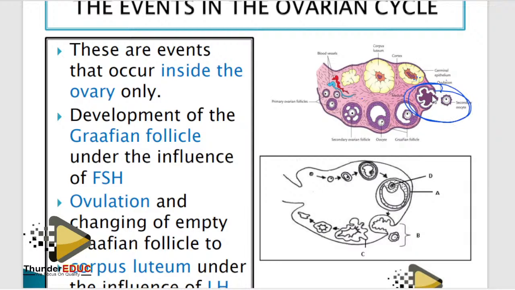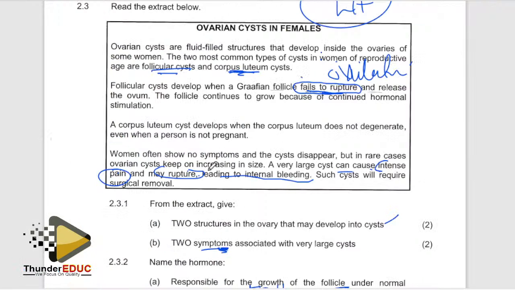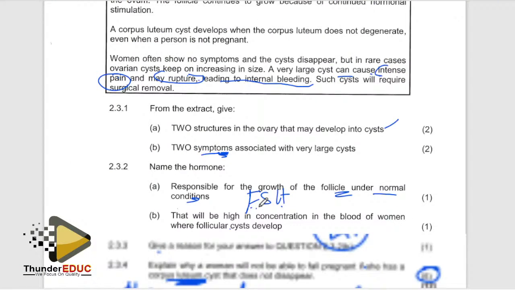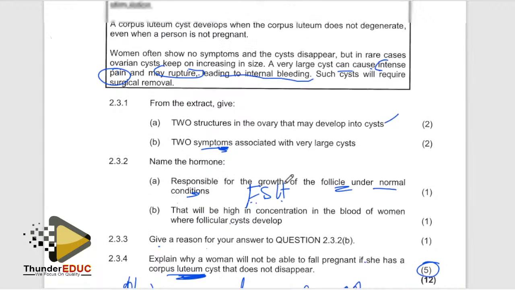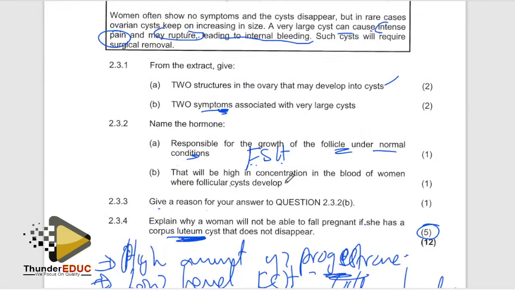So when it fails to rupture, at this point, which hormone is high? That's what they're asking you: name the hormone that will be high in concentration in the blood of a woman where the follicular cyst develops.